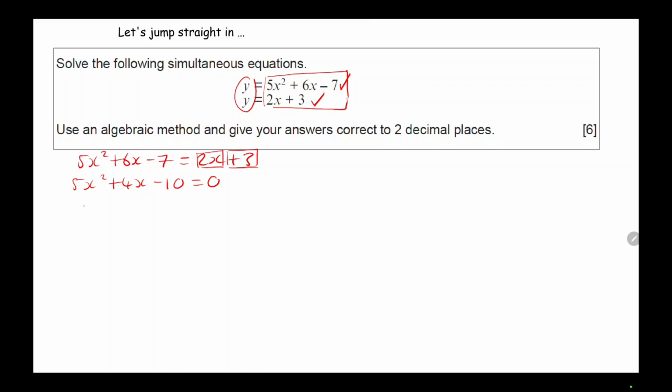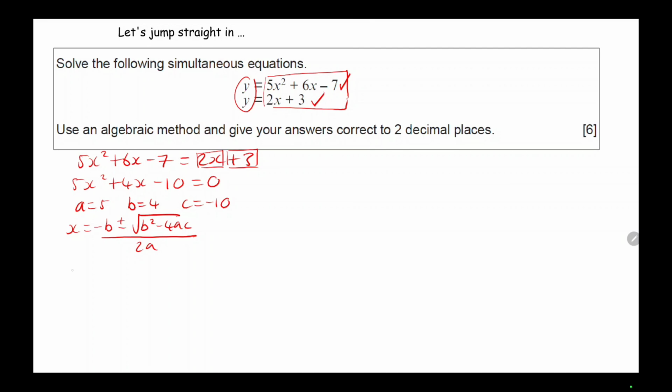So this is our quadratic equation, with a equal to 5, b equal to 4, and c equal to minus 10. We're going to substitute it into the quadratic formula, which remember is x equals minus b plus or minus the square root of b squared minus 4ac all over 2a.